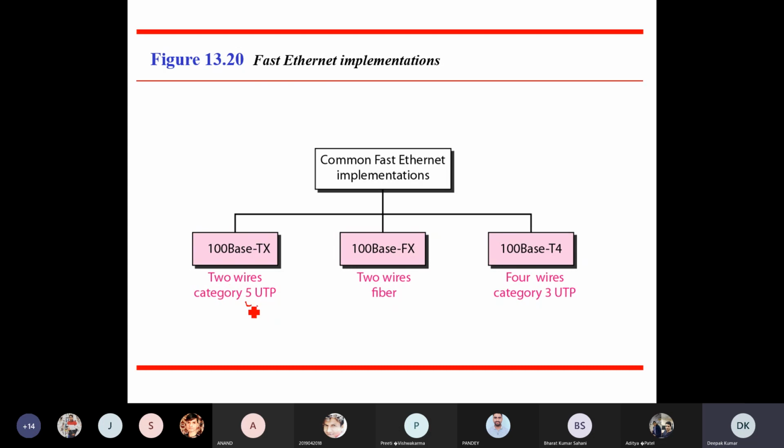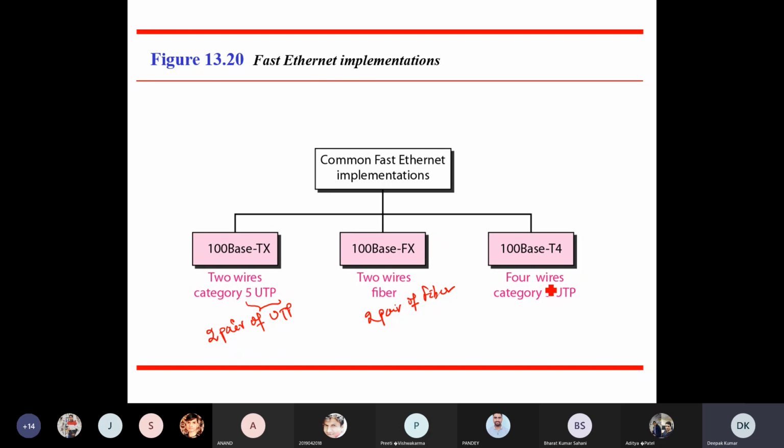Two wire category means basically two pairs of UTP. 100 base FX, two wire, is also two pairs of fiber.